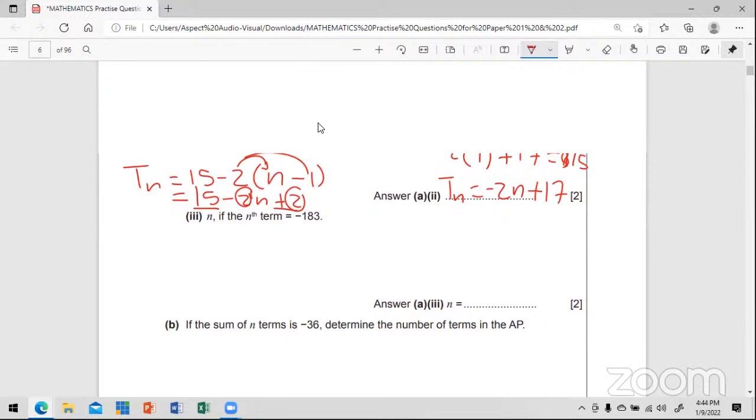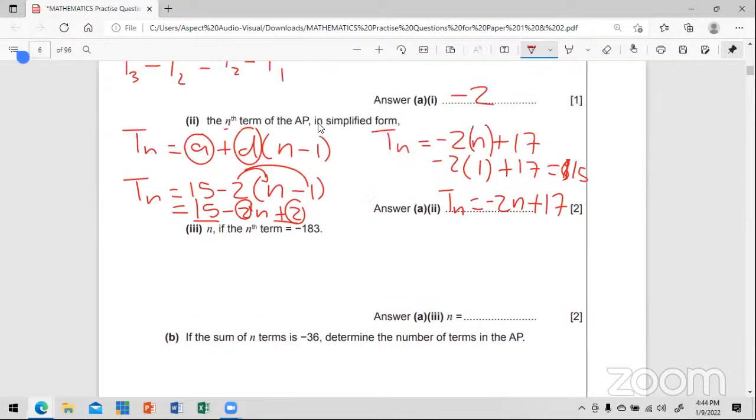They are saying find n if the nth term is actually -183. Are we together? Now you need to find n. They are now saying we know Cn, we know this Cn is that one. Are we together? But now what is this? It is the nth term.